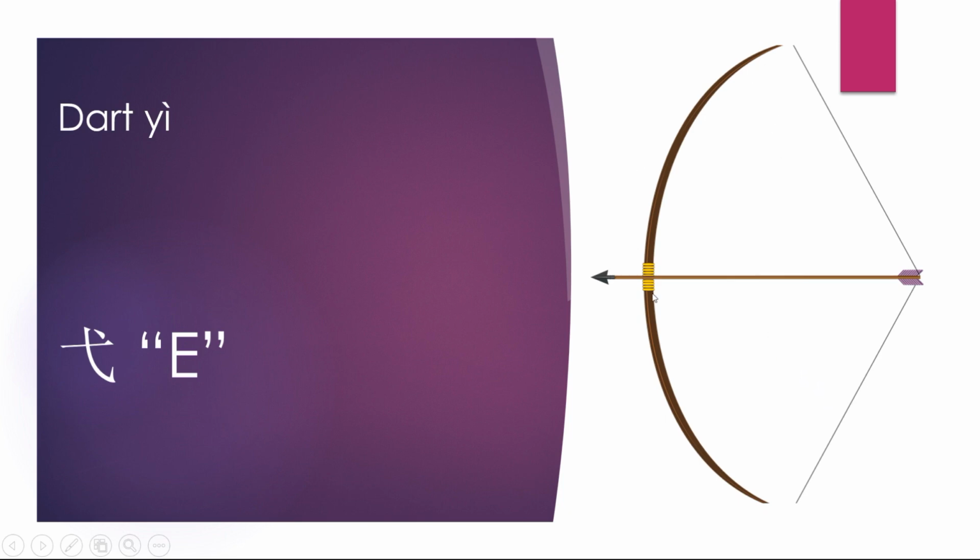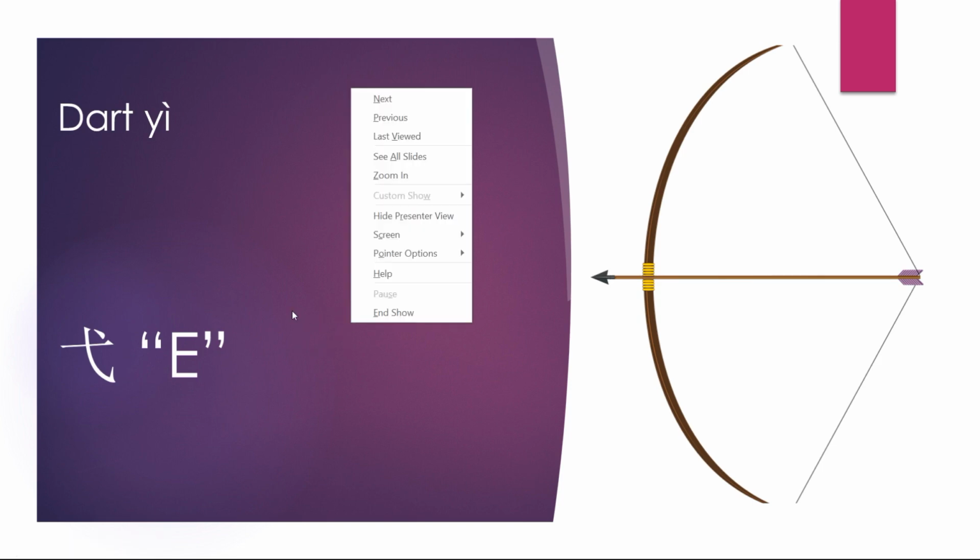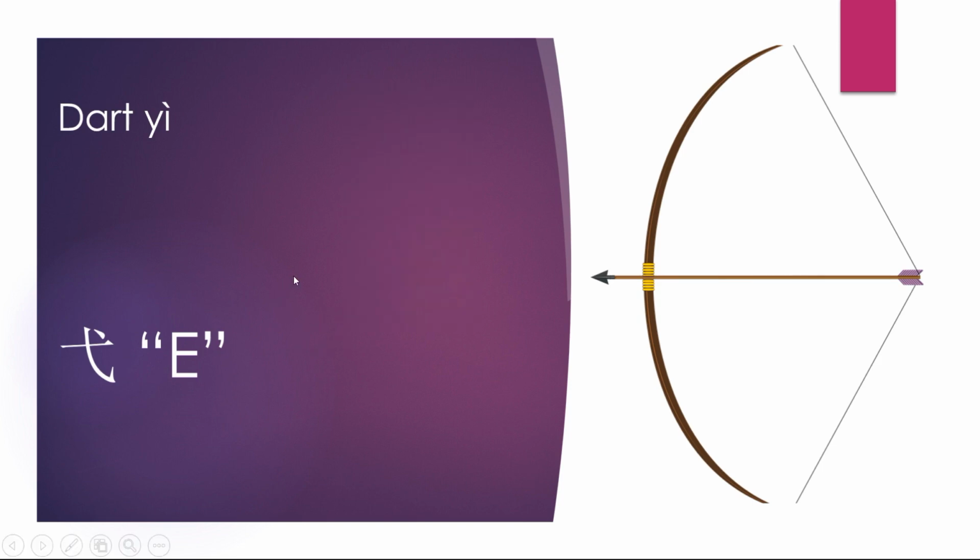But if you carefully look at the bow and the arrow, you can only look at the outer edge of the bow, the traditional bow, and then there is an arrow shooting through it. If you relate that to this one, you can definitely correlate both of them, and you can remember this yi is nothing but a weapon-like structure, which is, sorry guys, which is bow.